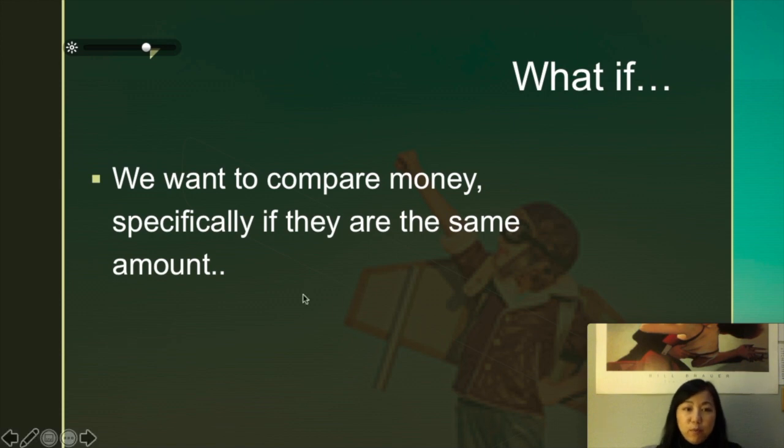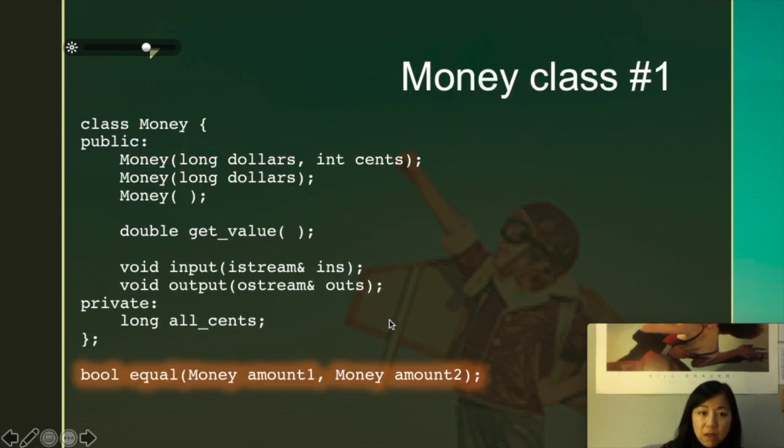So what if we want to compare money? For example, is my money your money? We want to know if they are the same amount. What do we do then? So the first way to implement that is to just write an equal function that will take in 2 parameters, amount 1 and amount 2, and this is outside of the money class, so it's just a regular function.